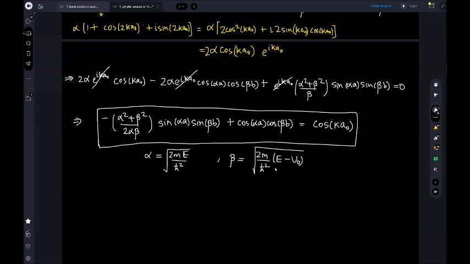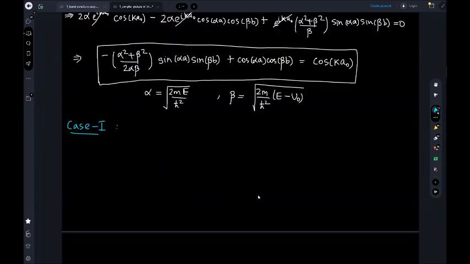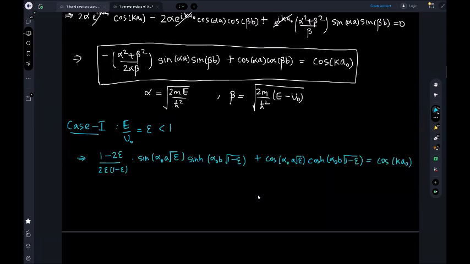So case one, I'm going to define E over U naught as some epsilon, and this will be less than 1, which implies that energy is less than U naught. So this equation in this box will get simplified too.